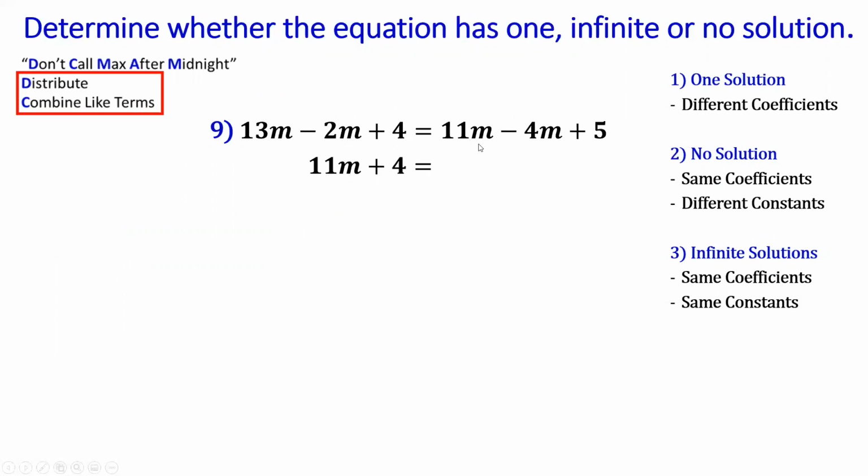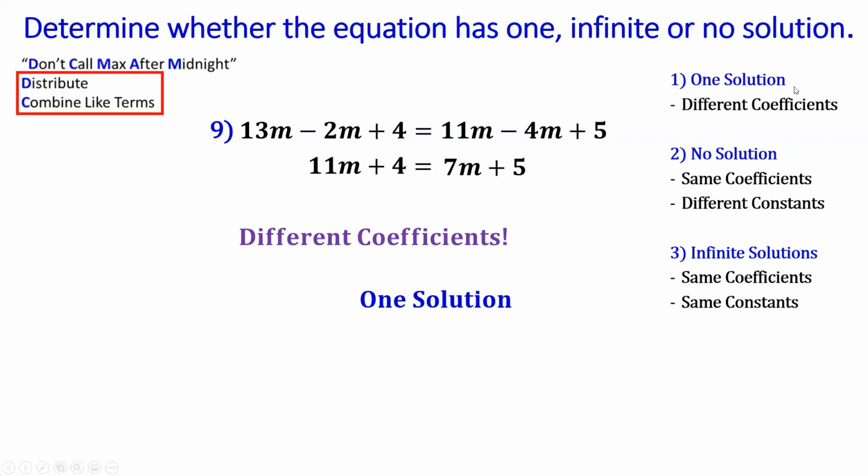And on the right side, I also have some m's I can combine. 11m take away 4m gives me 7m. Bring down your positive 5. I am now ready to classify. I notice right away that the coefficients are different. One of them is 11, one of them is a 7. As soon as you know the coefficients are different, we can classify it as one solution. And we can box that answer.